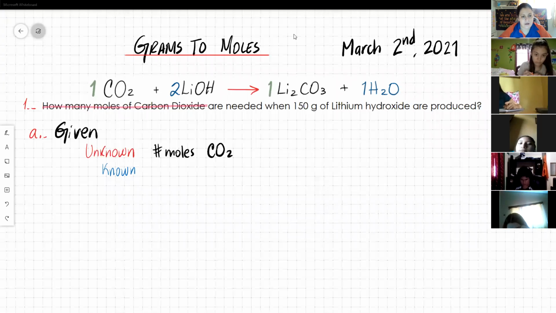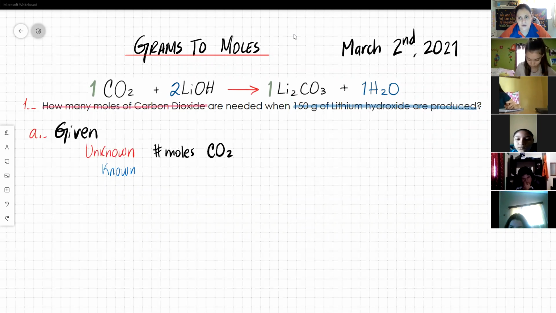Then my known given is also there in the question. It says, how many moles of carbon dioxide are needed when 150 grams of lithium hydroxide are produced?